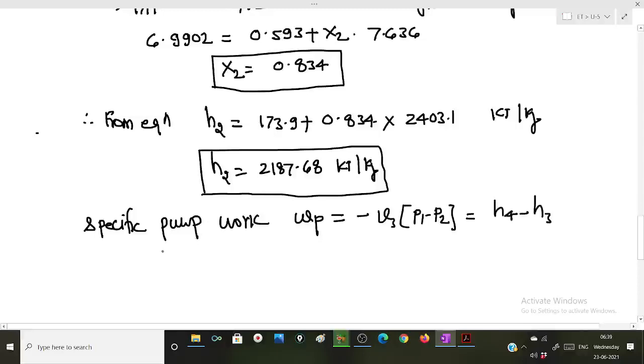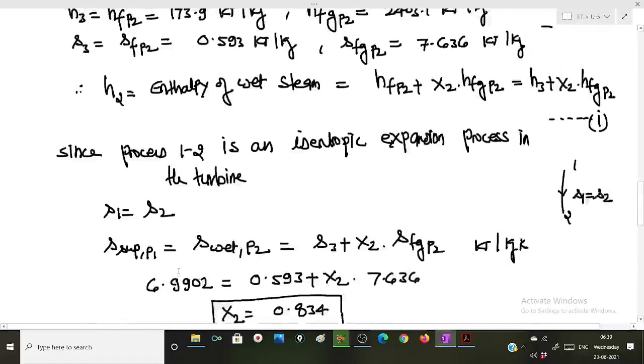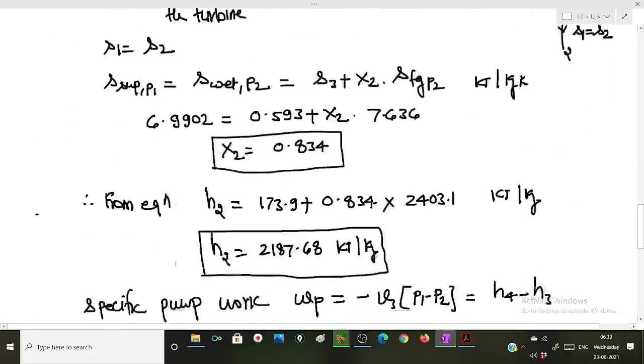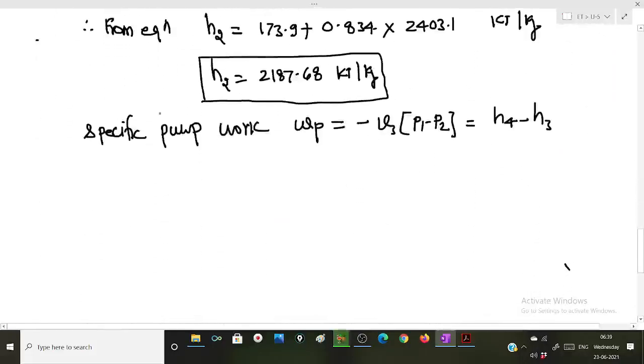Now the value of V3 is 0.00108 meter cube per kg. Boiler pressure P1 is 20 and condenser pressure P2 is 0.08. These values I have to consider in kilopascal, so I have to multiply by 100.